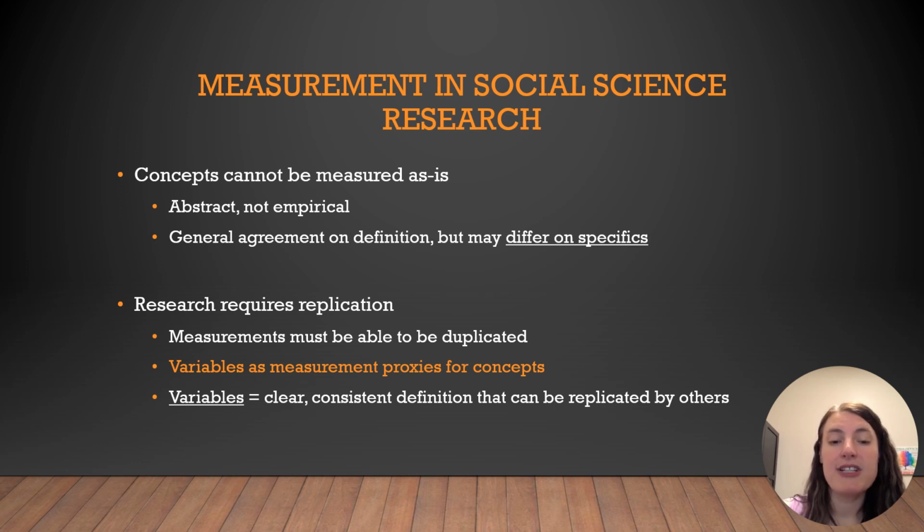We call these definitions variables. They are measurement proxies for concepts, serving to help us measure the concept in the real world, but using a more repeatable definition. So in the case of poverty, we would first define a poverty variable and identify what types of poverty we will include in that variable. That way, we will all measure the poverty variable in the exact same way.